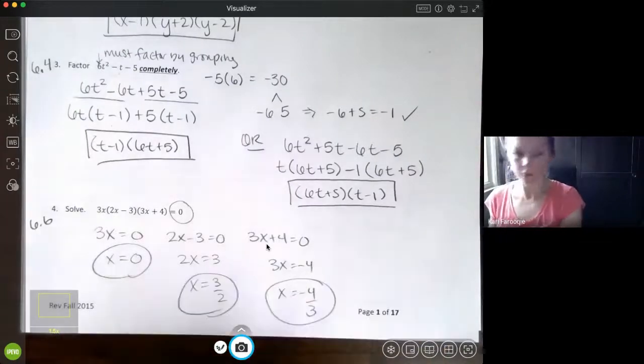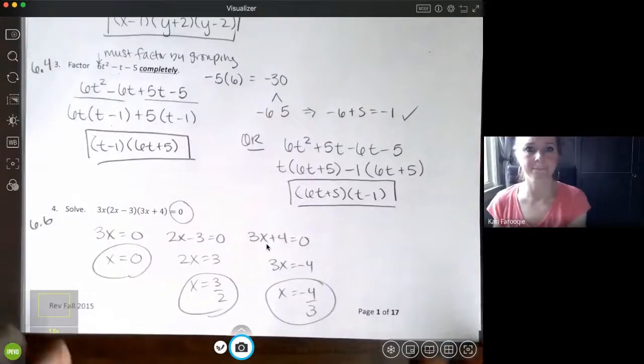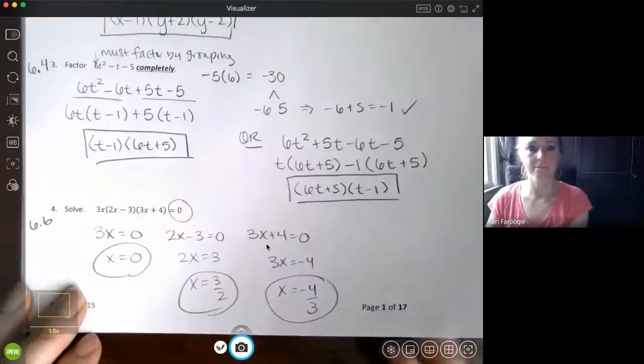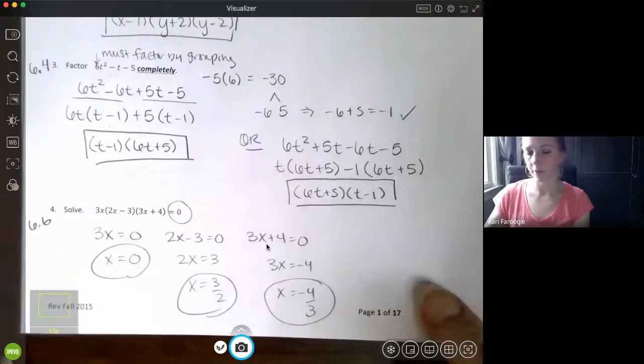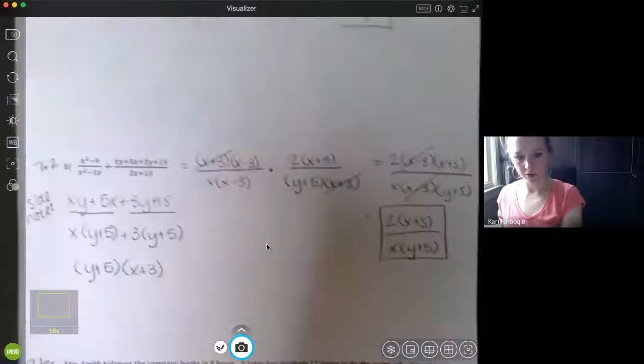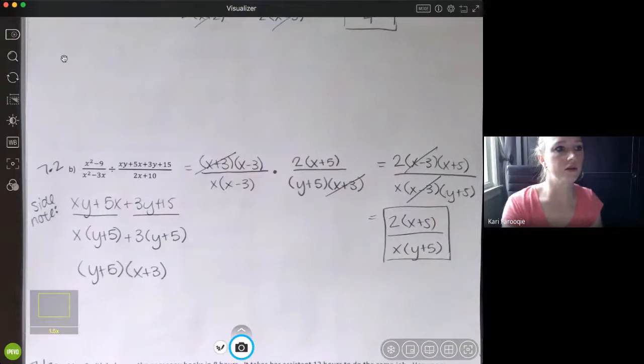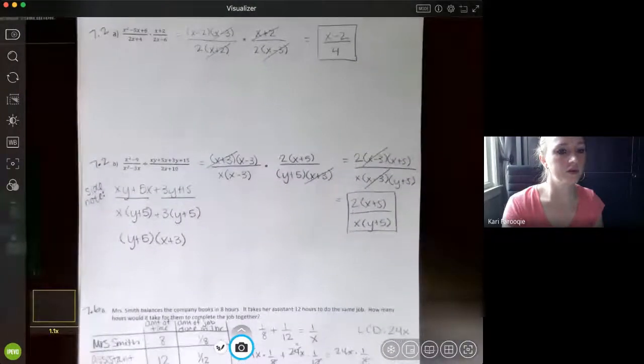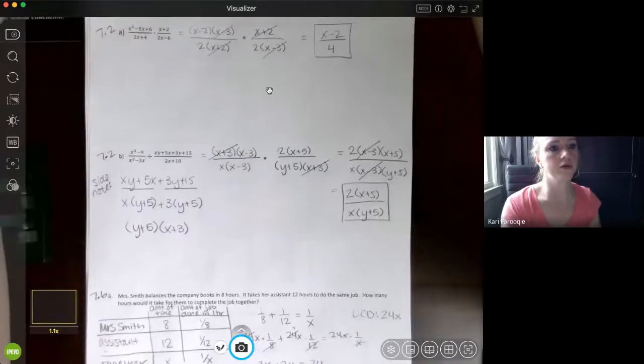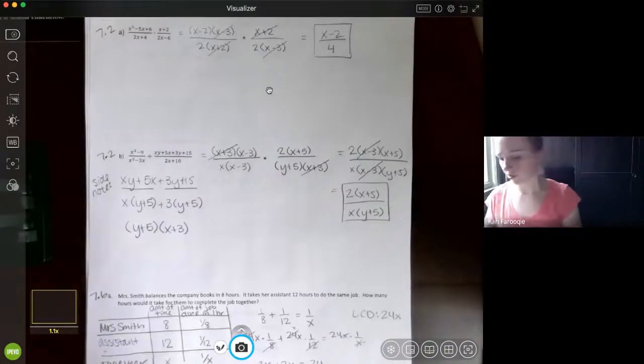Questions on number 4? Okay. So what followed this was stuff from chapter 7. I'll expand this out. I don't know if you guys were able to get a chance to print this or not, but this will at least give you a good bird's eye view.